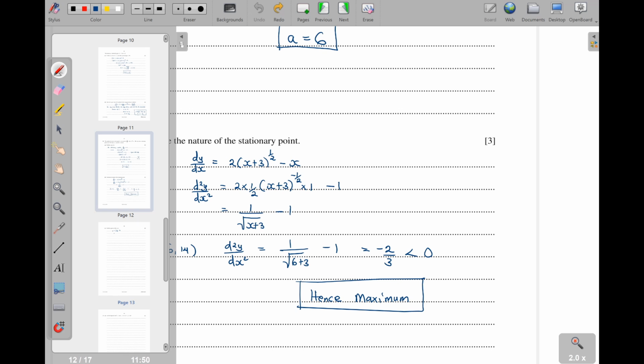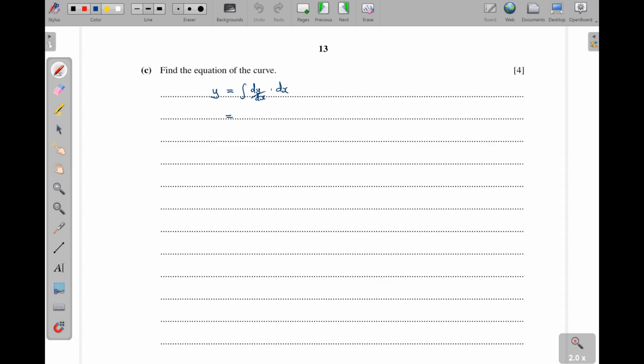So it is 2 into (x plus 3) to the power half, then minus x, with respect to x. So that means our y is going to be 2 into (x plus 3), increase the power by 1, that will be 3 over 2, and then here you also divide by it, then times the derivative of this one, which is 1.